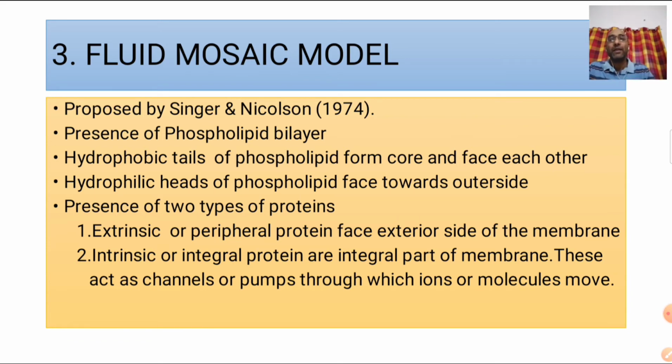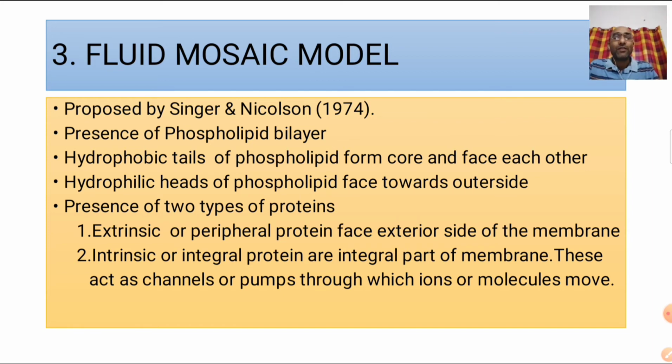But here, the fluid mosaic model says there is a phospholipid bilayer which forms the inner core with the hydrophobic tails facing each other, whereas the hydrophilic heads face the outer side. Two types of proteins are proposed: the peripheral or extrinsic protein that faces the outer side of the membrane, and the integral or intrinsic protein, which is an integral part of the membrane.